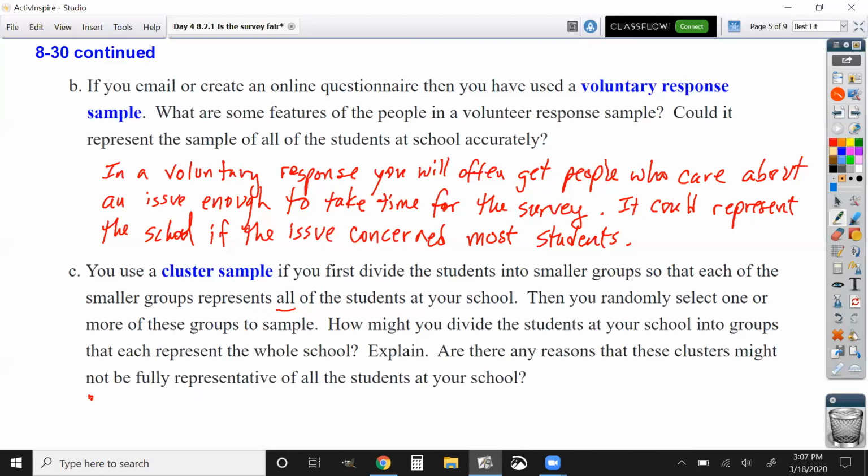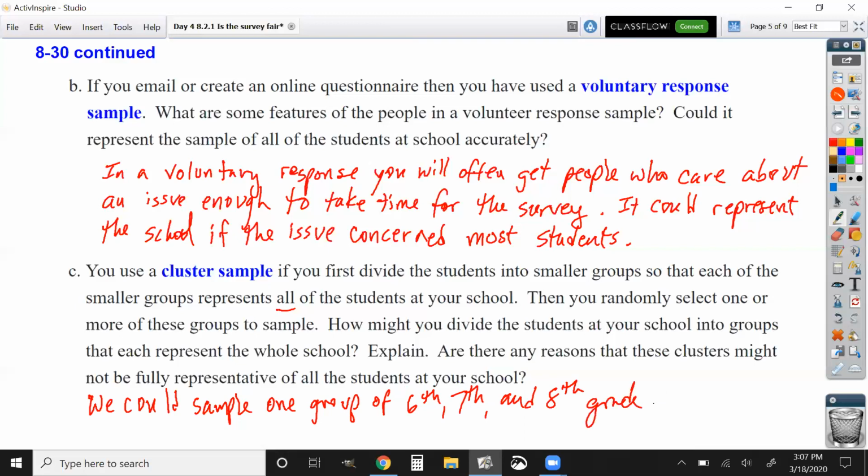So how about if we say we could sample one group of 6th, 7th, and 8th grade math students, since all students take math.